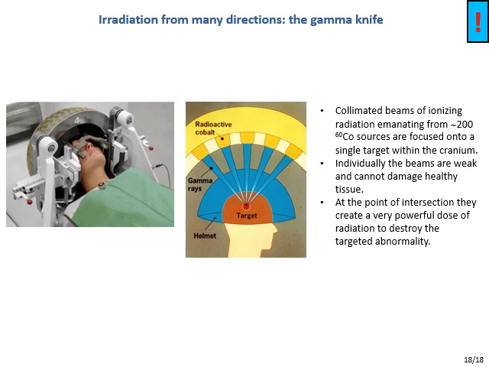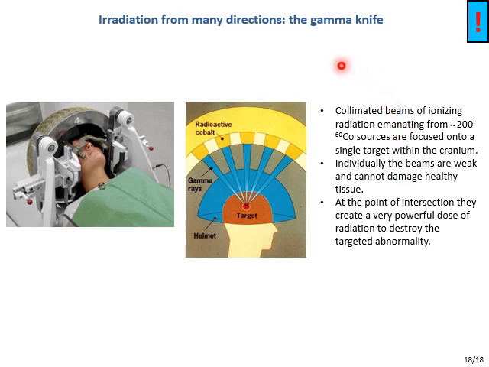In order to get around the problem of the lack of specificity of cobalt therapy, different kinds of approaches have been introduced, and the basic idea of getting around the problem introduced in the previous figure is to apply many different beams, all of them aimed at the target, at the tumor.